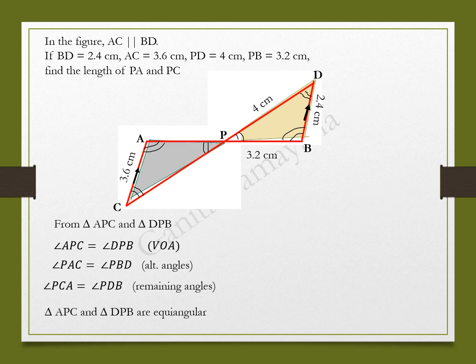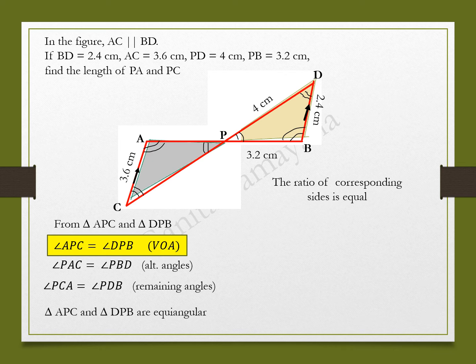Just now we have understood a property about equiangular triangles with respect to their corresponding sides. So what is that? The corresponding sides are proportional. That is, the ratio of the corresponding sides will always be the same, isn't it? The ratio of the corresponding sides is equal. So we will write the corresponding sides and we will equate each of them. Okay, children. So for that, what do we do? We have to consider the equal angles.